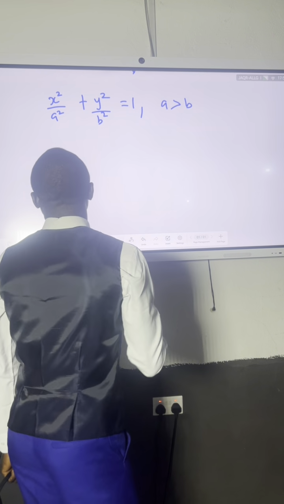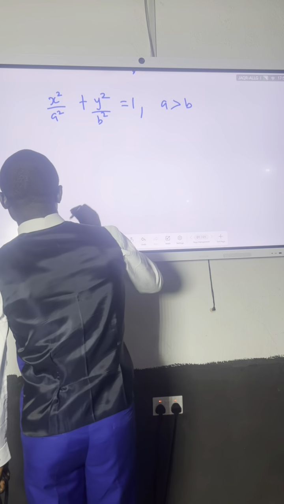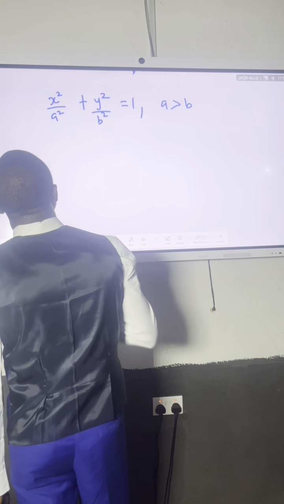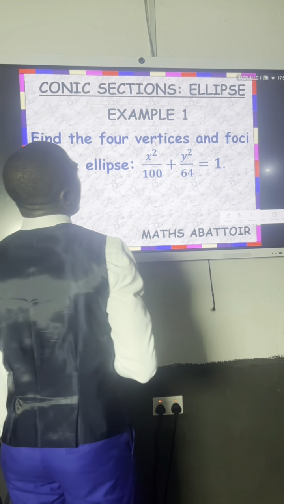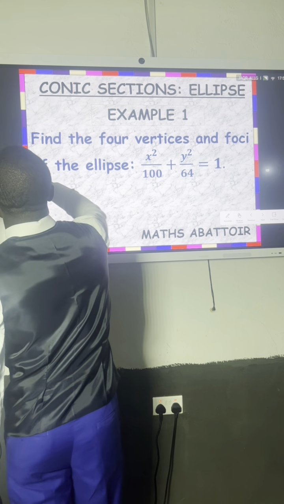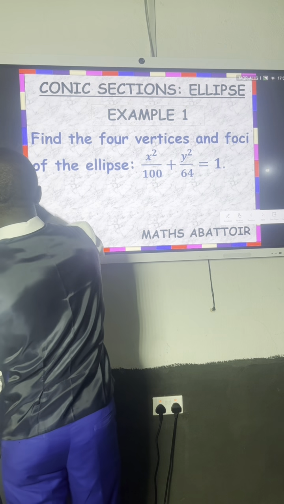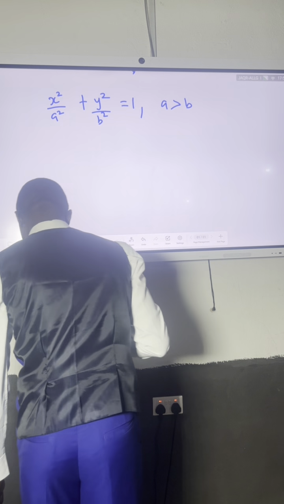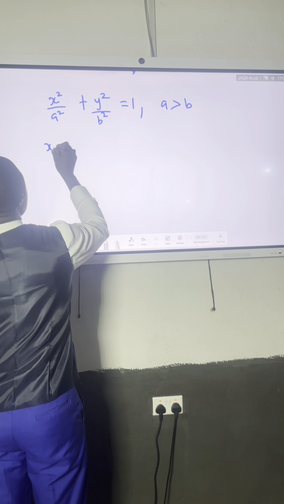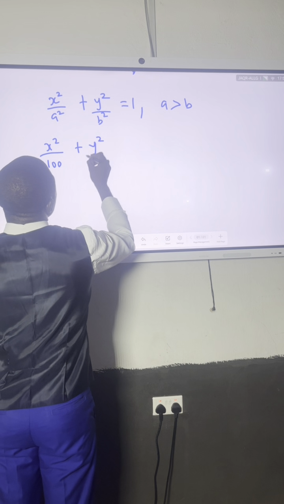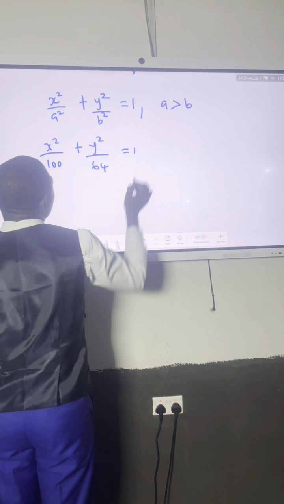Now let's go and get the question so that we can handle it together. We have x squared over 100 plus y squared over 64 is equal to 1.